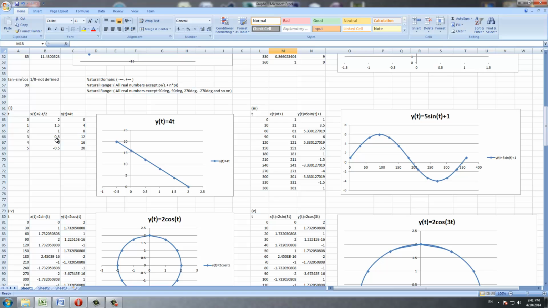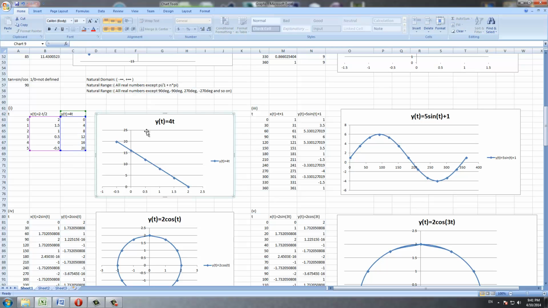If I replace x by time, it's m times time plus c, so mt plus c, and if I apply that to my points, x is 2 minus t divided by 2, and y equals 4t. If both of these equations are equations of a straight line, I get a straight line motion.